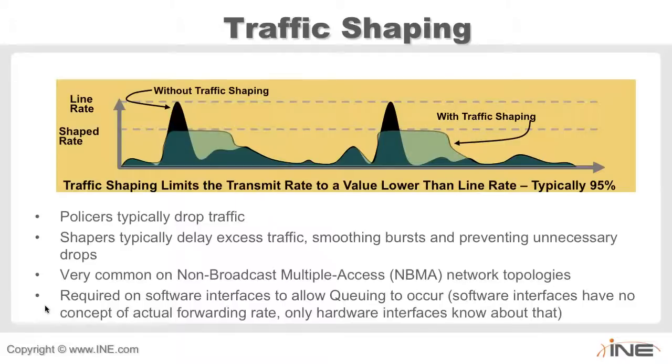Okay, so we have to have traffic shaping nested as basically the base or the foundation on which we build software queuing, guaranteed bandwidth, or guaranteed priority queue, in order to have that queuing work if we're not placing that queuing on a hardware interface. Okay, so that's a very important bit.